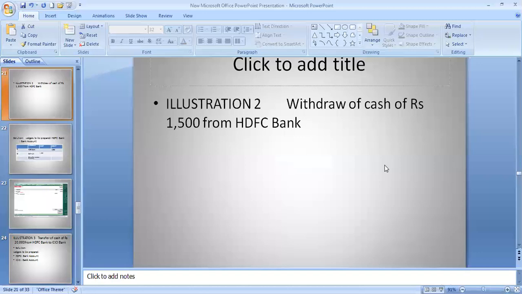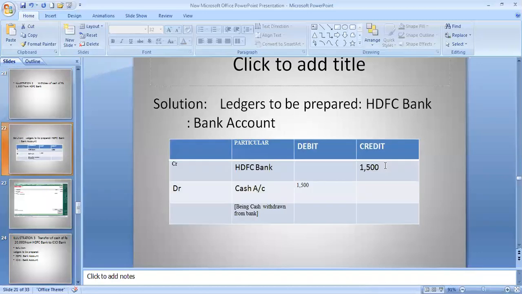So credit the giver, debit the receiver. But here in Tally ERP 9, the HDFC account will be credited and the cash account will be debited. See how the transaction moves on: HDFC Bank will be the credit, debit will be the cash account. That is cash being withdrawn from bank.